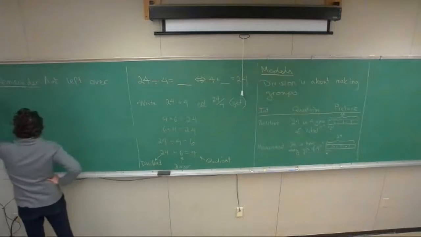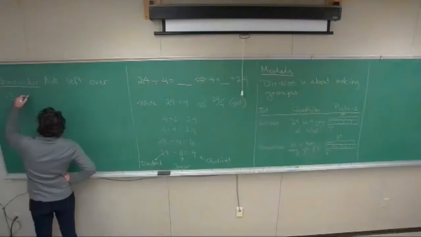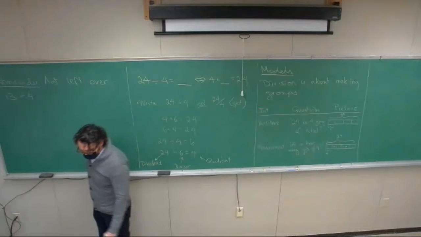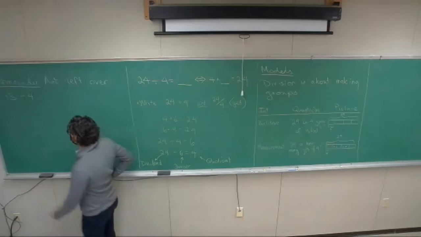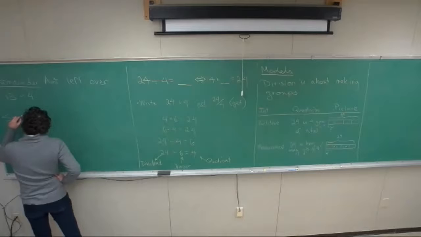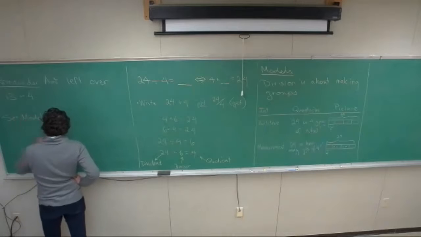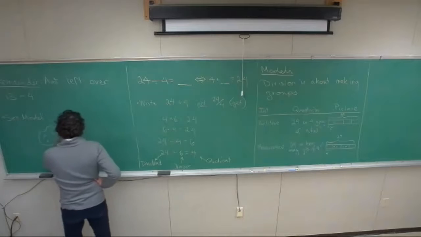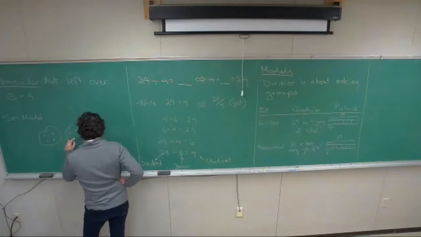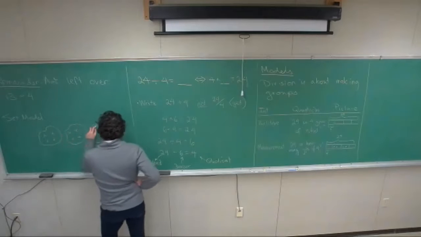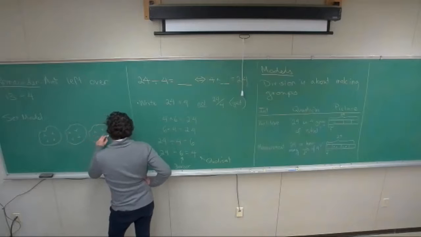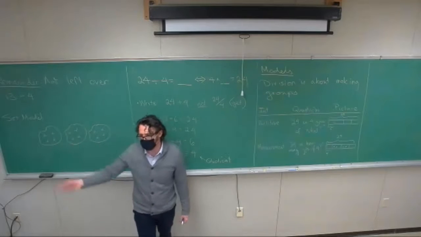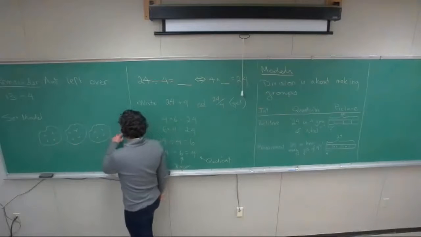So, something pretty simple here, 13 divided by 4. Okay? So, if we were to illustrate this with the set model, okay, so 1, 2, 3 groups of 4 with 1 left over.